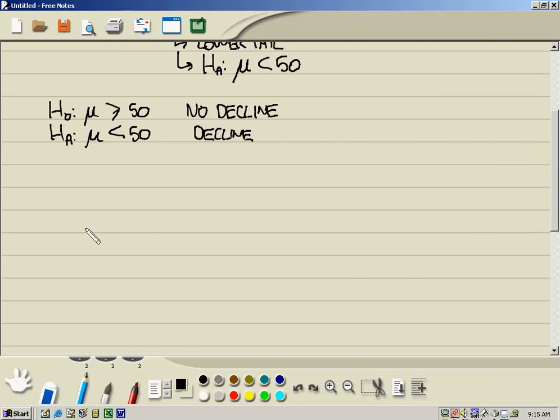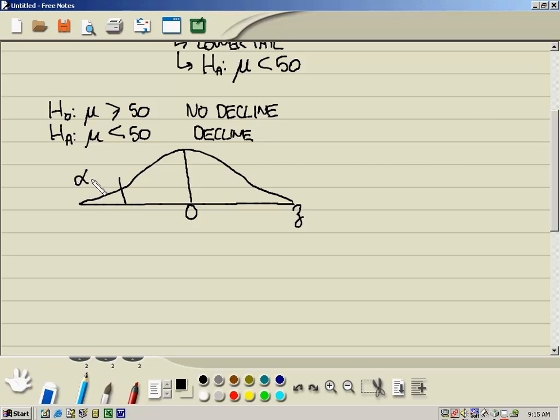Next step is to draw a distribution of the Z distribution, standard normal distribution. The middle of the standard normal is 0. Remember, we're doing a lower tail test here with an alpha of 5%. And so we want a critical value down here.